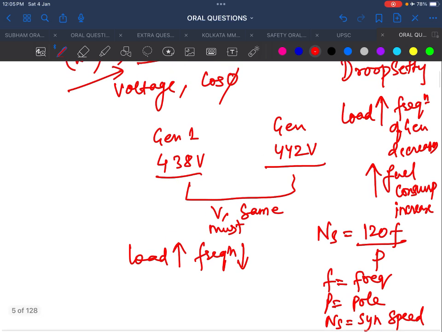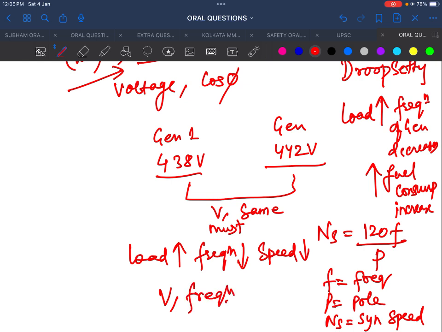When the load is increasing, the demand for reactive power is more, and due to that there is a drop in the frequency, and a drop in the speed also. So what does speed depend upon? Frequency. Basically these two components also vary our kilowatt difference.